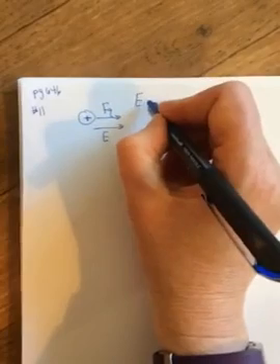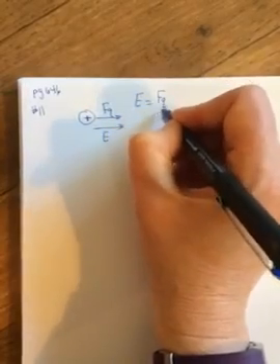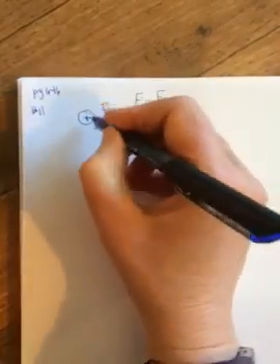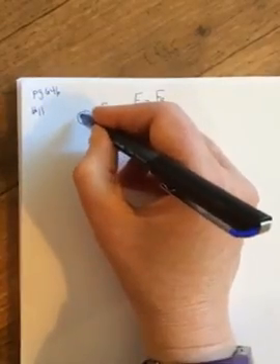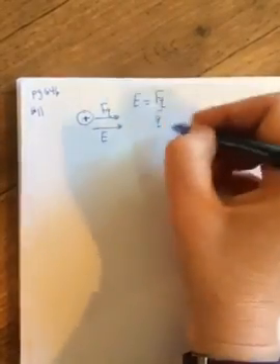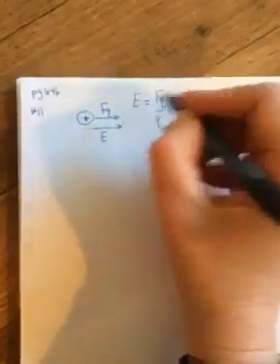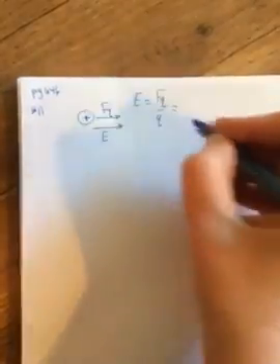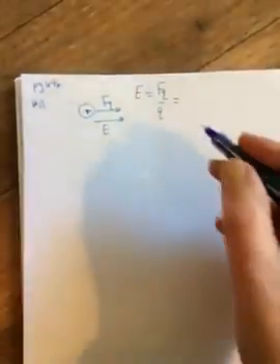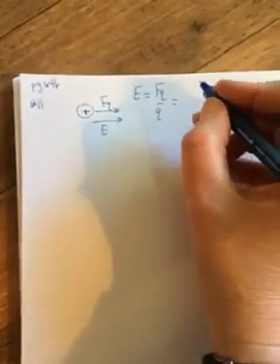So we know E is equal to F_Q over Q. How do I know to use this one? Because it says this positive charge is placed in a field, and this is the equation when it's placed in a field. Also it helps that they gave us a force, and this is the only electric field equation we have that has a force in it. Okay, and so you fill in your numbers.